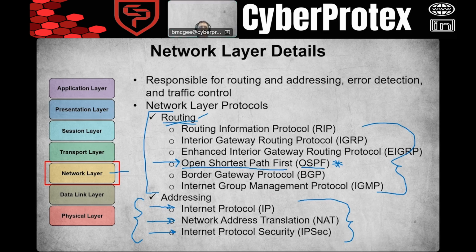I would bet that these three will absolutely 100% be on your exam. So will either the open shortest path first, or maybe they'll say something about the border gateway protocol and maybe like a firewall attached to the border gateway protocol. And so let's go through and talk about some of these here quickly when talking about the network layer.